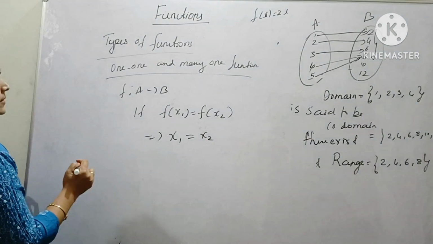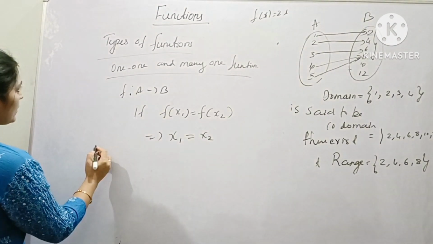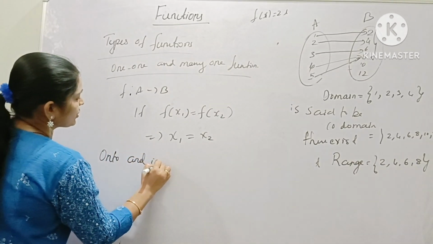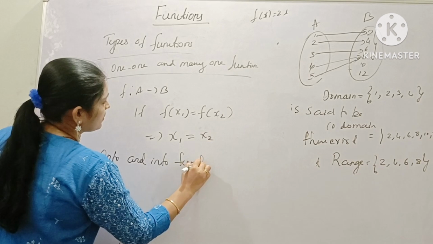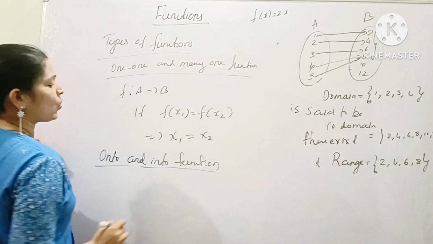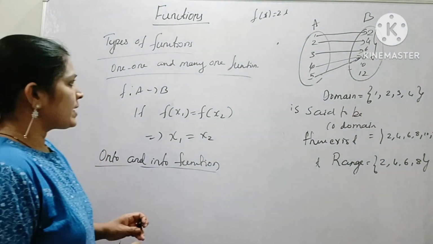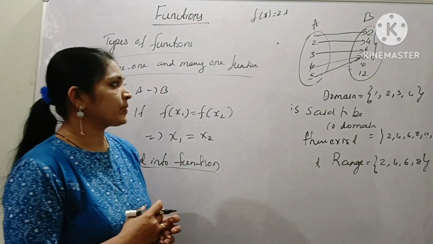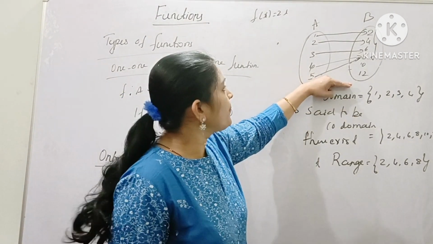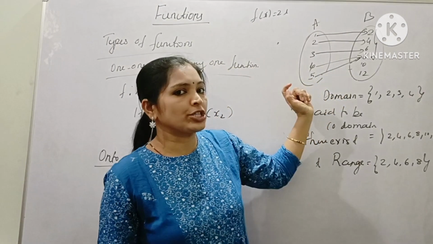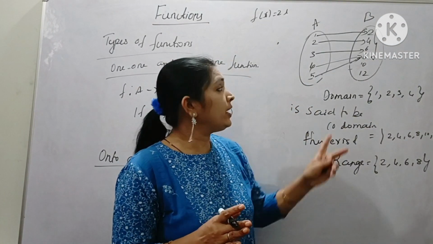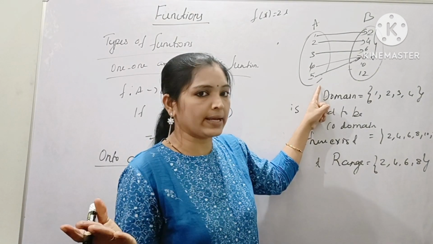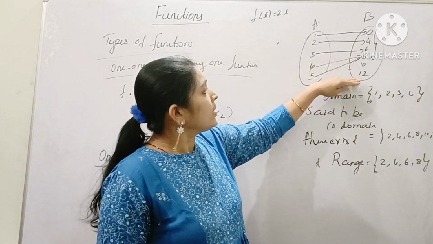Next is onto and into functions. What is an onto function? A function means every element in the domain has exactly one image.